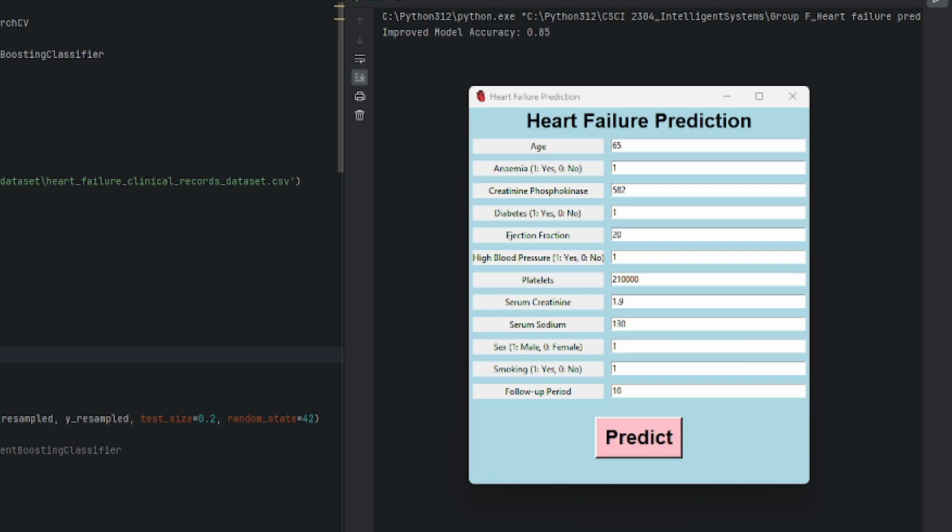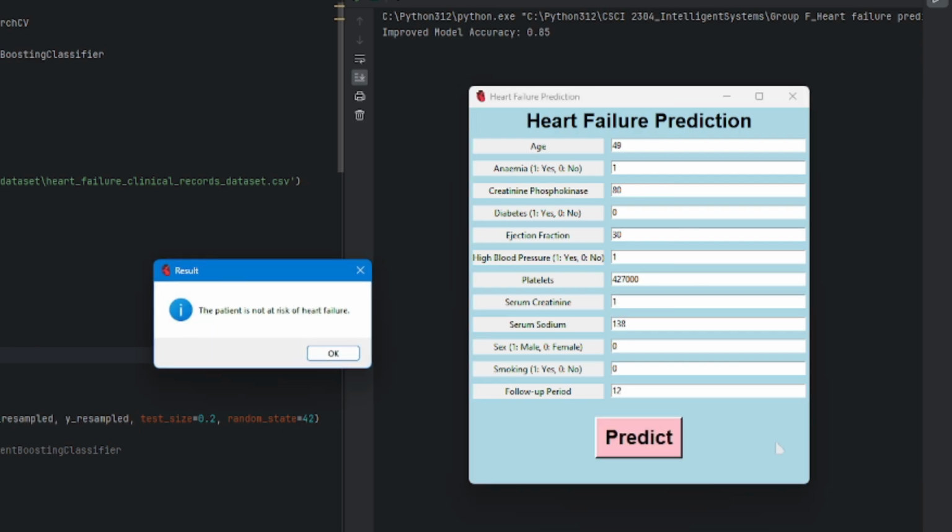Next, we'll see whether this model is reliable by testing it on a patient that is not at risk. And here we can see the example of a patient that is not at risk of heart failure.